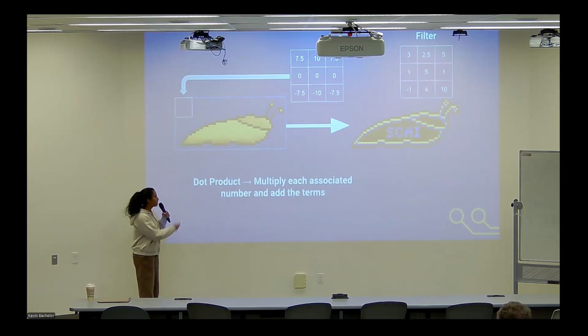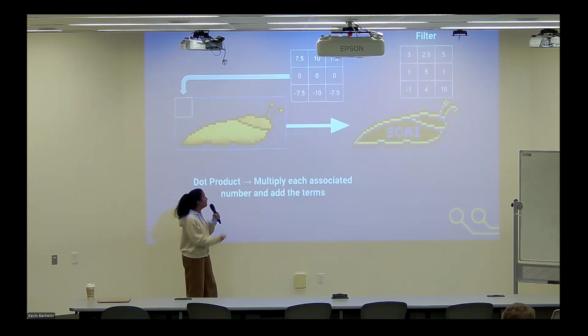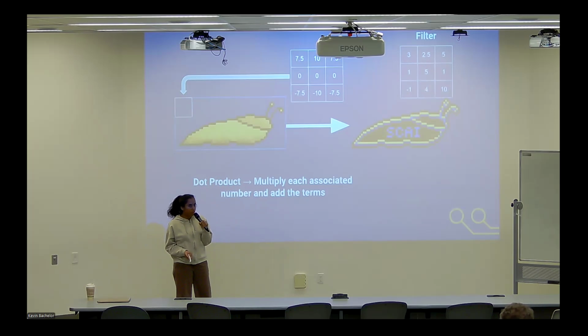Well, it basically takes the dot product. And what is a dot product? It's a fairly simple formula. Basically, you're taking each square in this 3 by 3 grid, and you're multiplying with the same associated square in the filter. So for example, you'd multiply 7.5 with 3. Then you'd add that to 10 times 2.5.